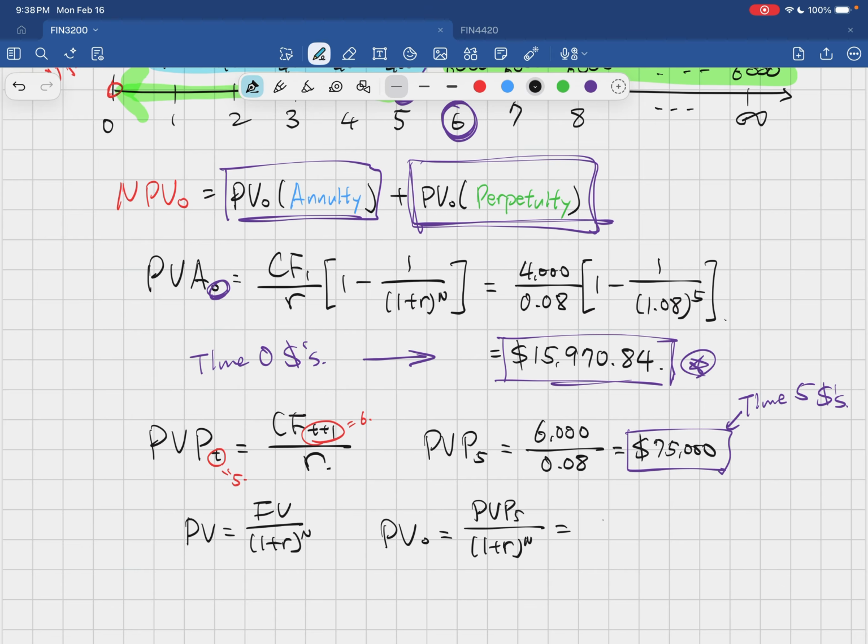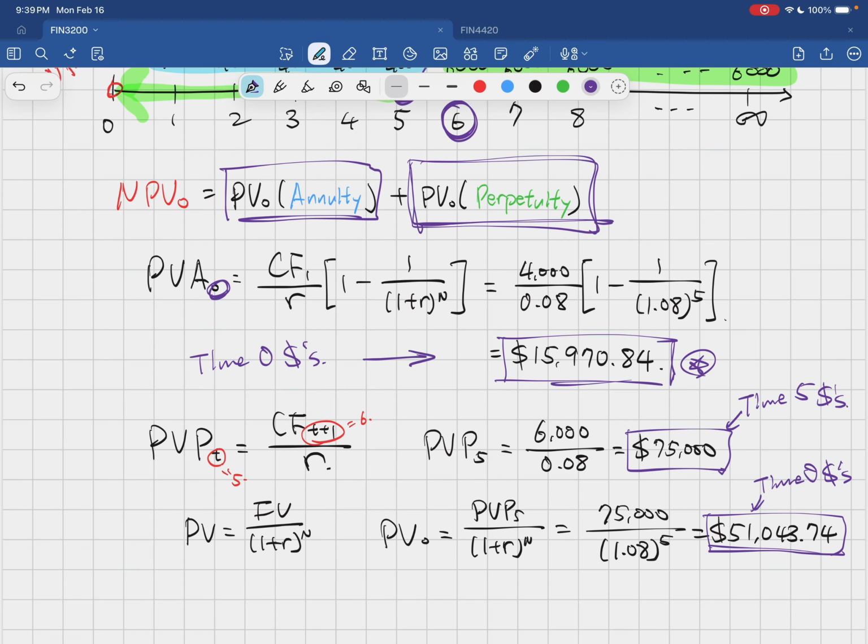That's $75,000 over 1.08 to the 5th power, since this value is in year 5. This will give us $51,043.74. Now this value is in time 0, which is what we want.